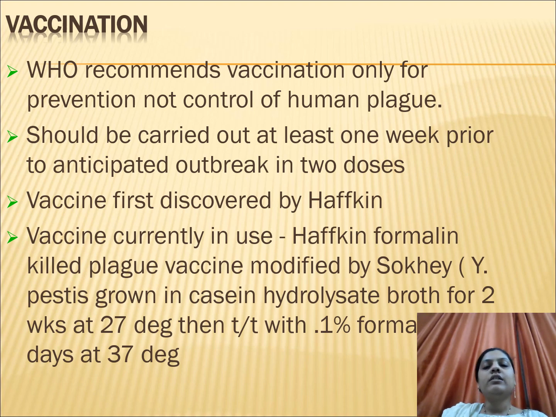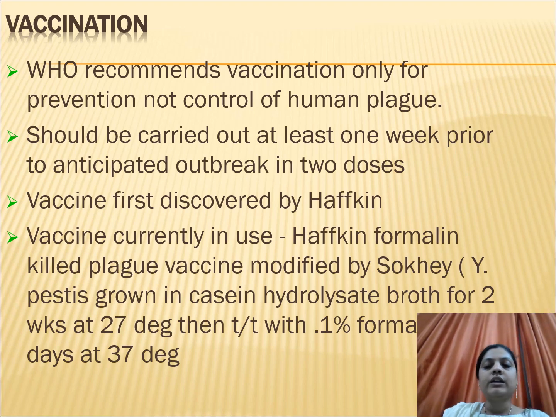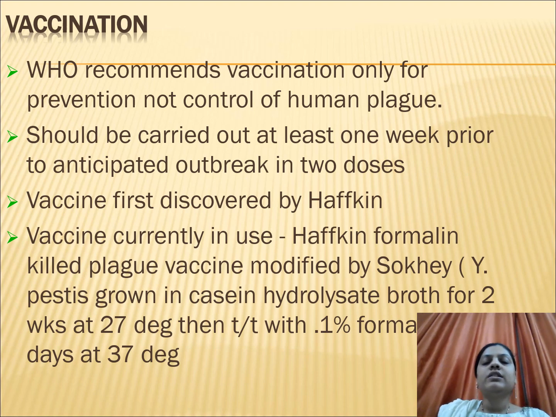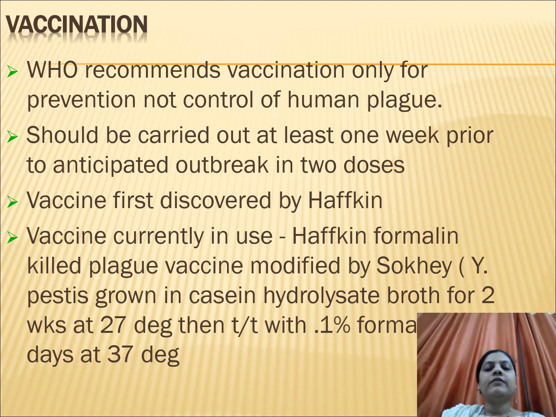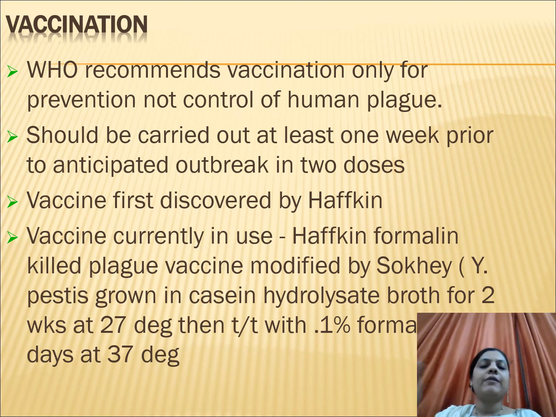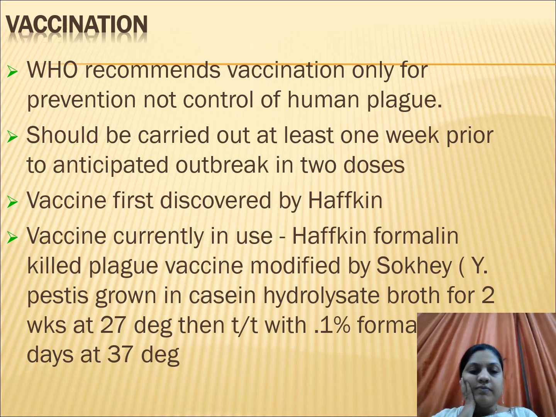We can prevent the plague by the use of the vaccine. It should be carried out at least 1 week prior to the anticipated outbreak in 2 doses. So we have to give 2 doses. Vaccine was first discovered by Haffkine. Vaccine currently in use is the Haffkine formalin-killed plague vaccine which was modified by Suki.